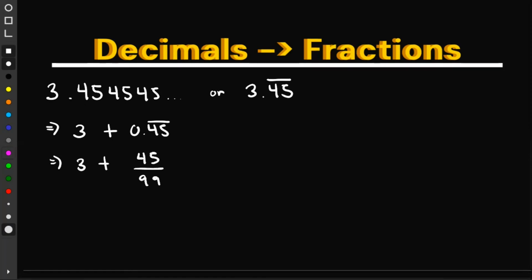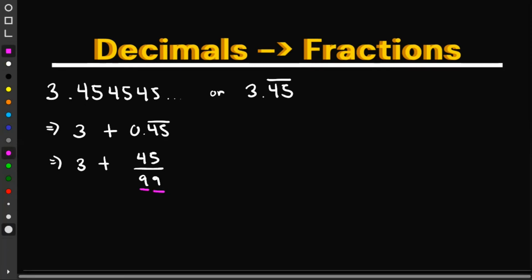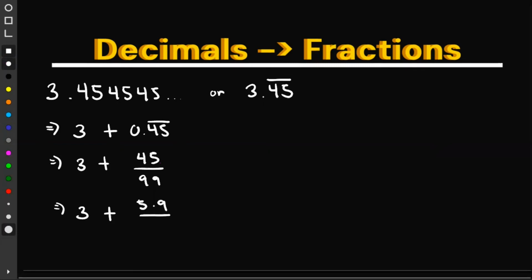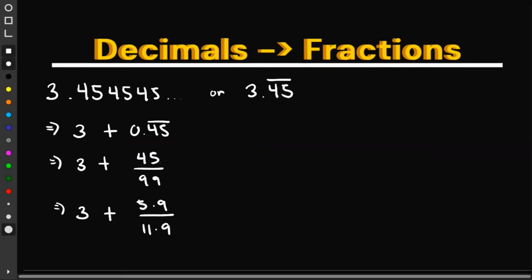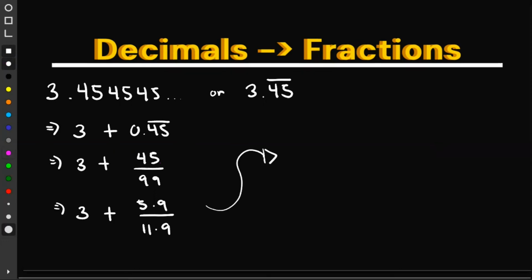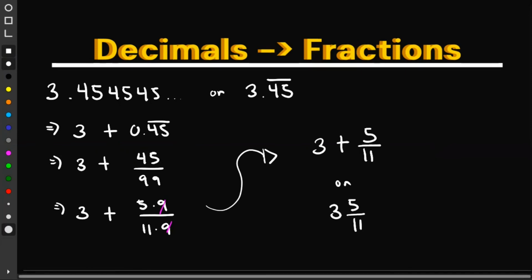Observe that we only have two 9s here, since the number of repeating decimals is only 2. Now we can still simplify this as 3 plus 5 times 9 all over 11 times 9. Canceling these gives us 3 plus 5 over 11, or 3 and 5 over 11 in mixed numbers. And so that is our final answer.